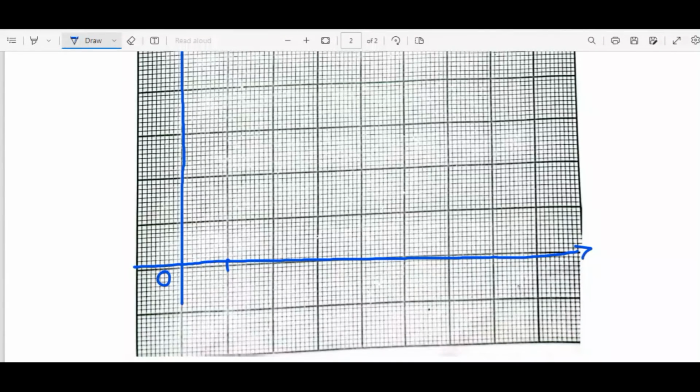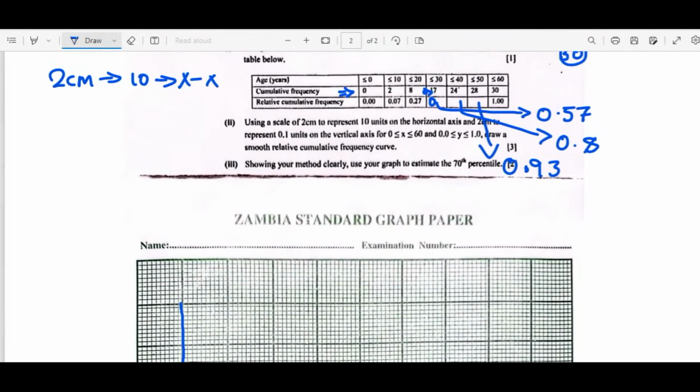So here we say 10, 20, so that's a pattern. 30, 40, 50, 60, we can just reach up to 70, because if you look at the range that we are given, the range is 0 up to 60. So in the x-axis, we need to make sure that we have these numbers, then our graph will be okay.